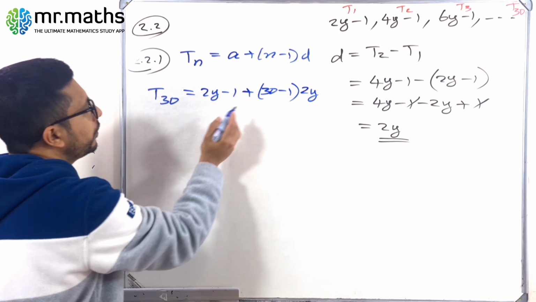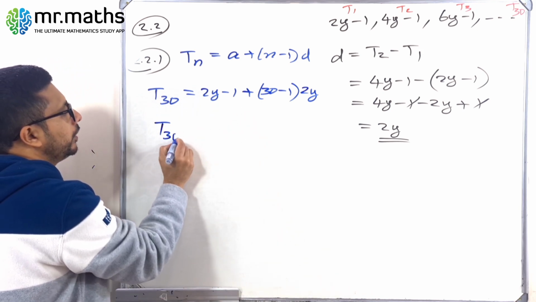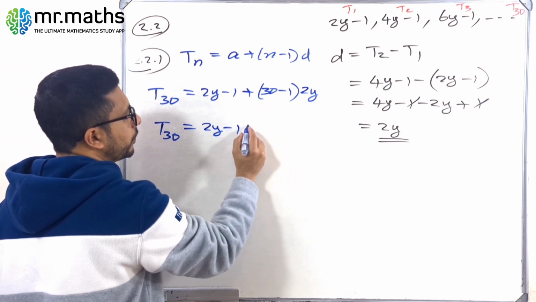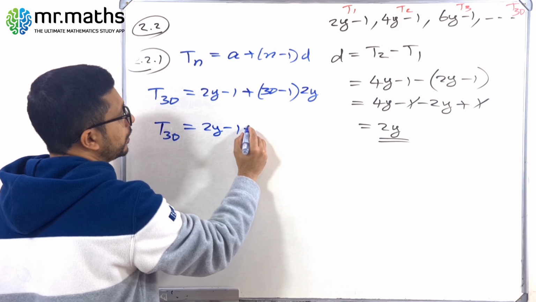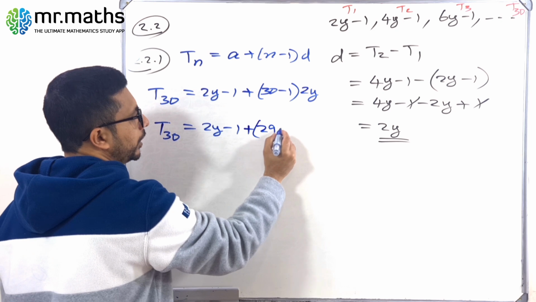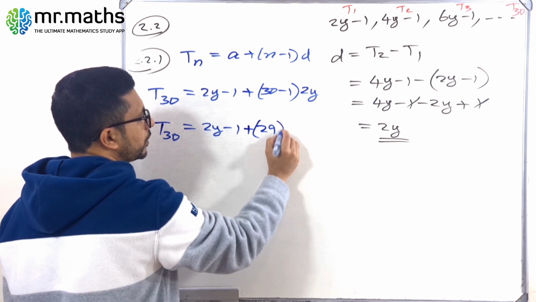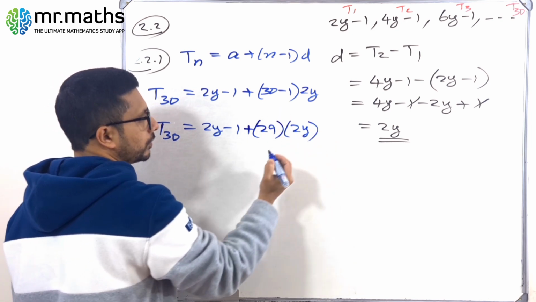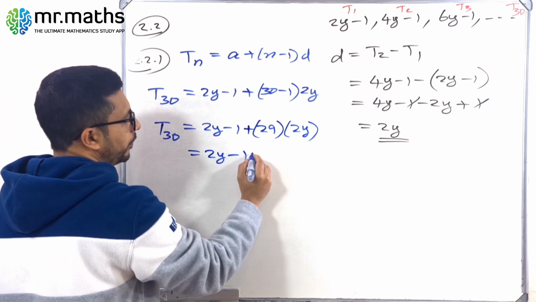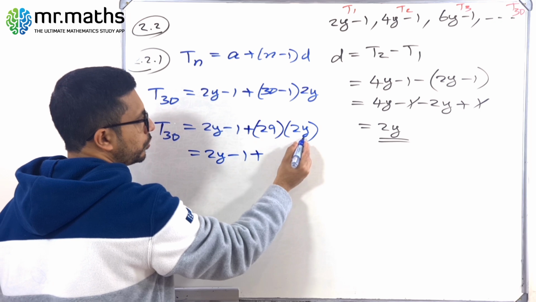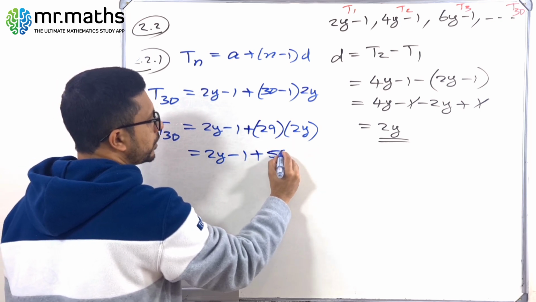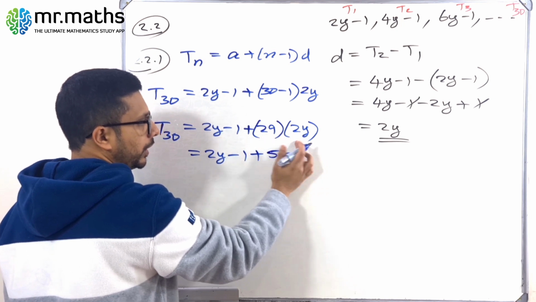Okay, so here now we have to simplify. T30 is equal to 2y minus 1 plus 30 minus 1, which is 29, times, this is multiplication, 29 times 2y. So this is 2y minus 1 plus, what is 29 times 2y? 29 times 2 is 58, then y.